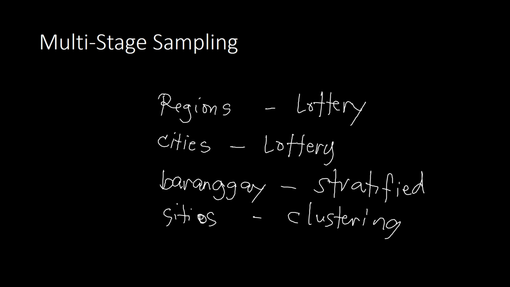So that is multi-stage sampling. So those are now the different techniques in doing random sampling. I hope you learned something. And I'll be also discussing in my next video the non-random sampling technique.